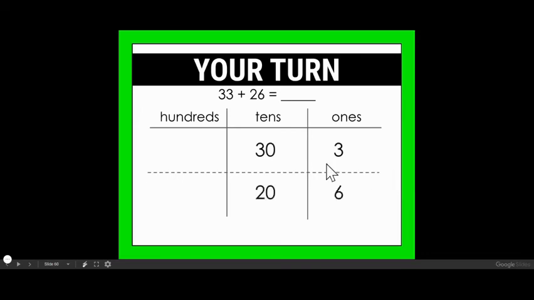Do your addends look like mine? 30 and 3, 20 and 6. Go ahead and combine your ones and combine your tens, and then we'll check your answer.